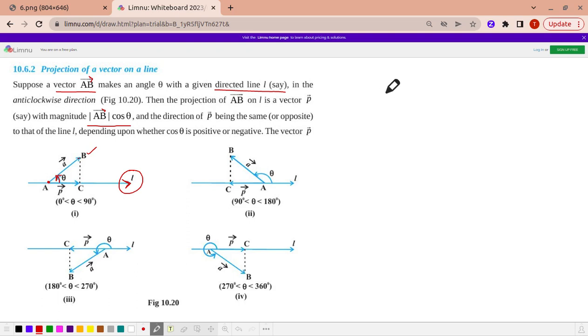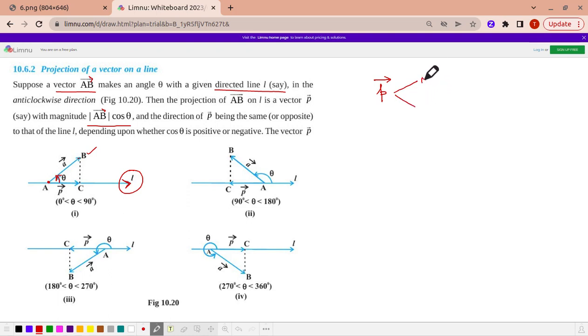So let me write it here, dear students. What is the vector P? P is the vector which is the projection of the vector AB on the directed line L. Now that vector has a magnitude and has a direction. What is the magnitude?